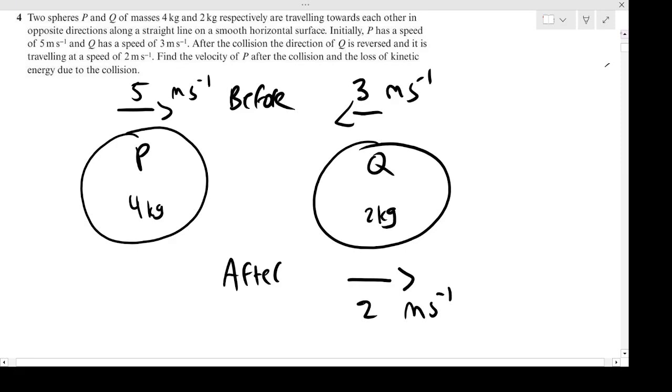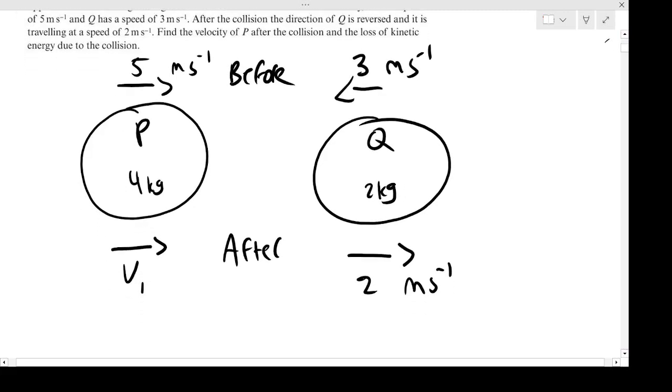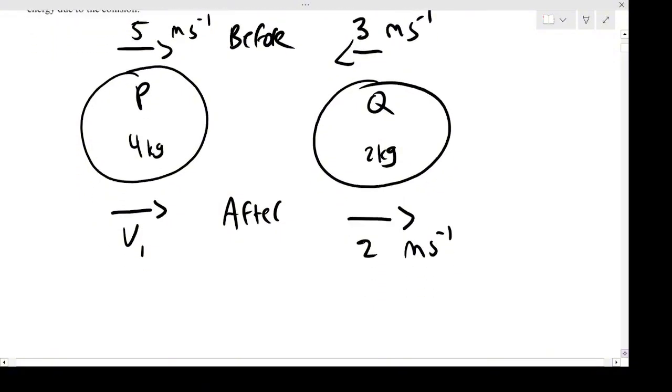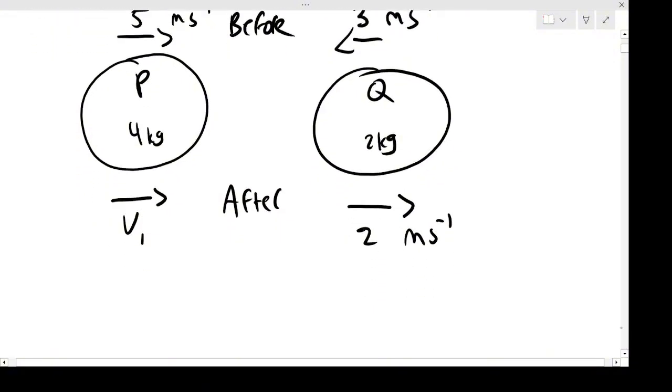So what we can assume is that it just goes forward. It's best to assume it goes forward because it makes the calculation a bit easier, as it's in the positive direction by default. But it really doesn't matter. We don't know if it goes forwards or backwards, but I'm just going to take it to go forwards. So hopefully you're happy with my setup here.